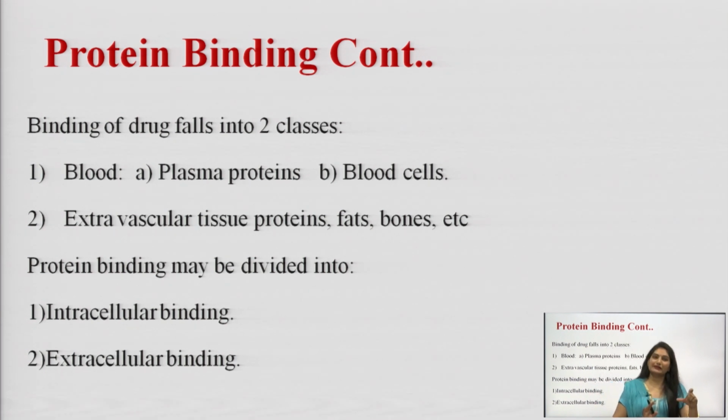The proteins present in the plasma, as I have told you recently, can be albumin, globulin or alpha acid glycoproteins. The concentration of albumin and globulin is very high in the blood, so there are more chances of binding the drug to the albumin and globulin.